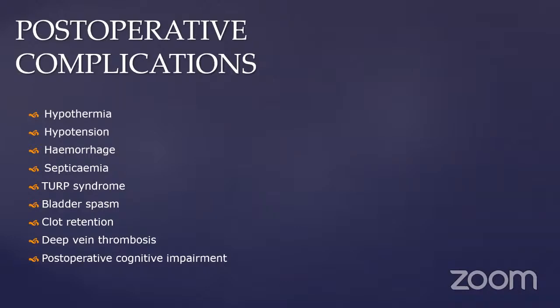So at the end of the surgery, you will put a 3-way Foley's catheter. Yes, sir. So how much amount of distilled water should be given for the Foley's bulb, 3-way catheter?